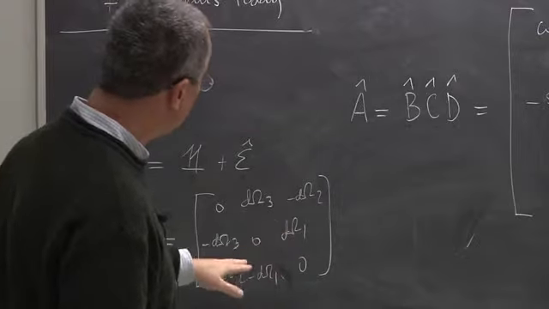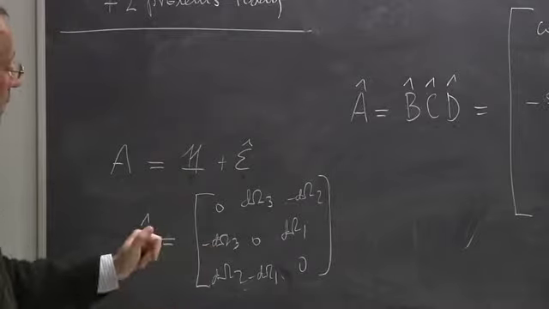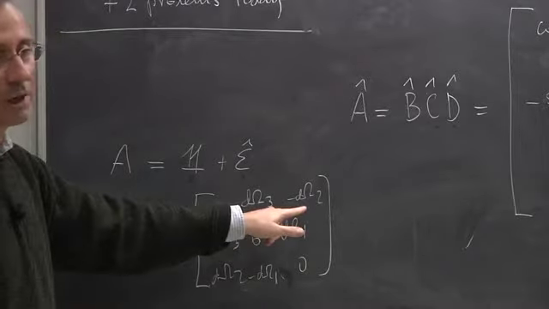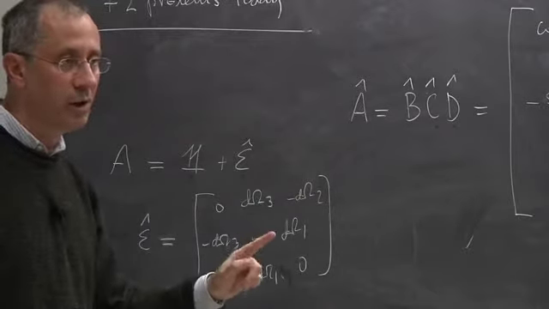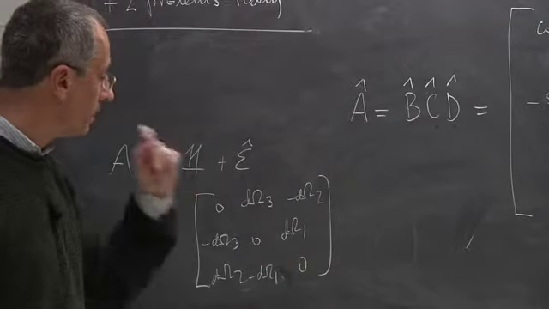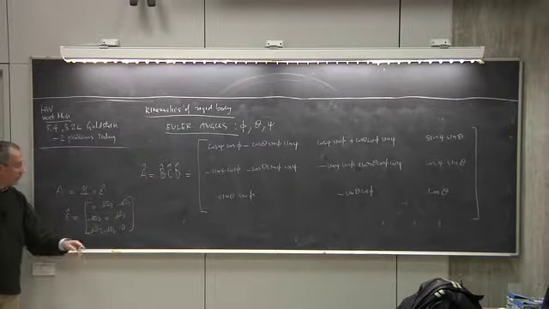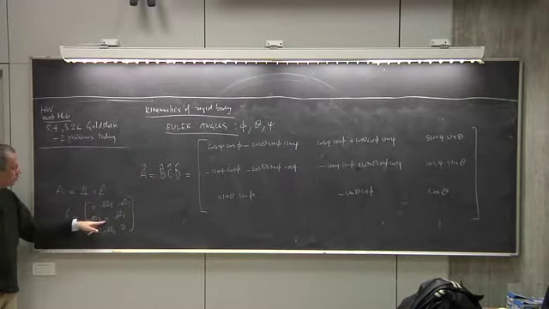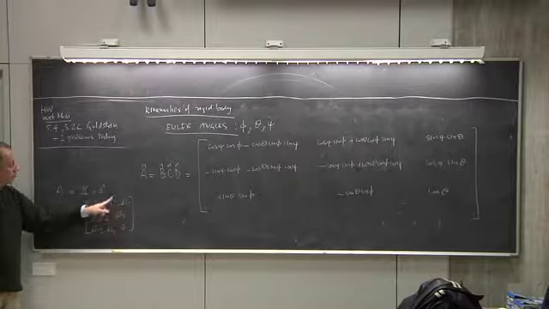And you see this is a particular matrix because it's antisymmetric. So to specify this matrix, I only need 3 components. It's a 3 by 3 antisymmetric matrix, and because it's antisymmetric, by definition, you must have 0 on the diagonal. So instead of having 6 components, you just have 3.